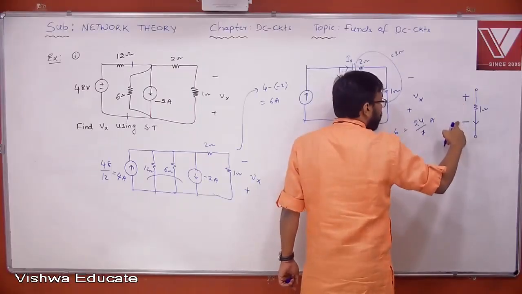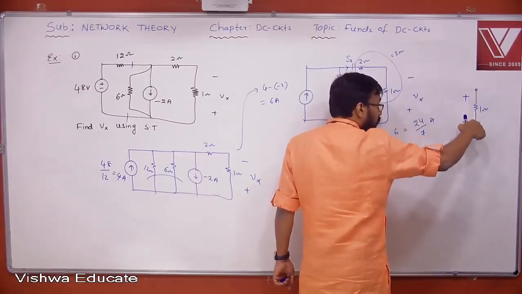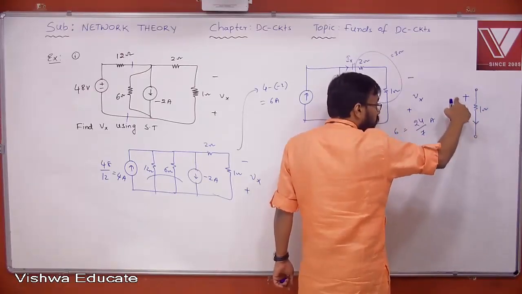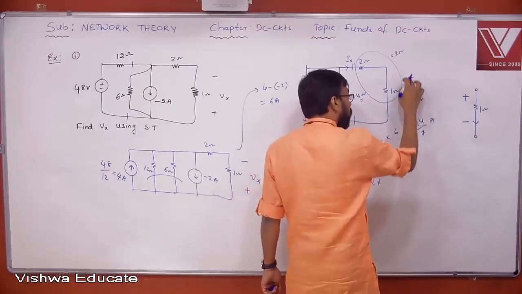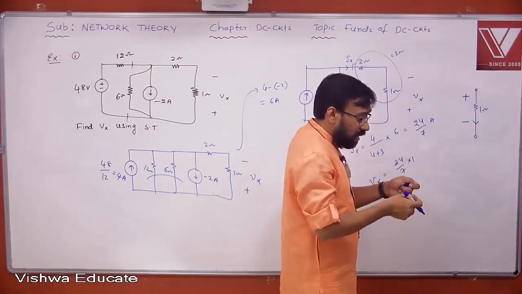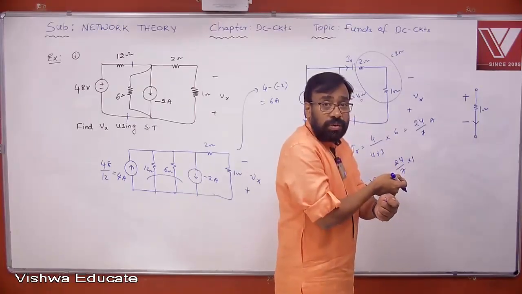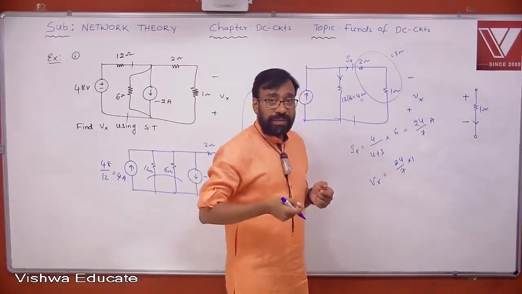These actual polarities are determined based on the direction of current flowing through this 1 ohm. Actual current will decide actual polarities. But you want the voltage with the different polarities. That means you are connecting the voltmeter, instead of plus minus, you are connecting what? Reverse. Yes or no?